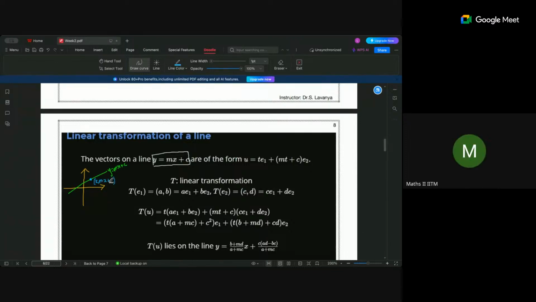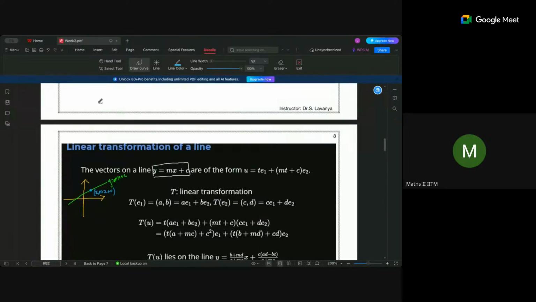Right? So now x comma mx plus c, how can you write it using the canonical basis? Can anyone tell how to express x comma mx plus c using the canonical basis? Canonical basis means (1,0) and (0,1). So what are the coefficients so that you will get back x comma mx plus c?